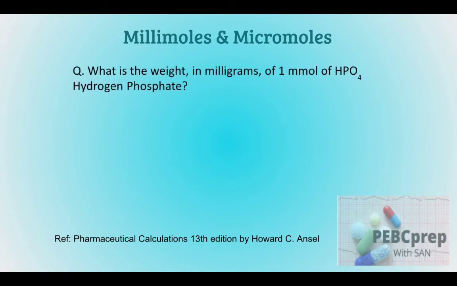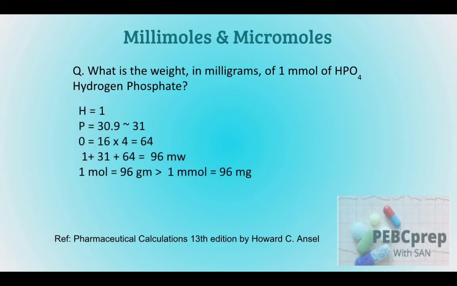What is the weight in milligram of 1 millimole of hydrogen phosphate? In my previous video, I showed you how to calculate the molecular weight. I'm repeating it here, and if you didn't watch the video, I will give the link. Please watch it. So hydrogen has 1 atomic weight, then phosphorus has 30.9, we are taking it as 31.